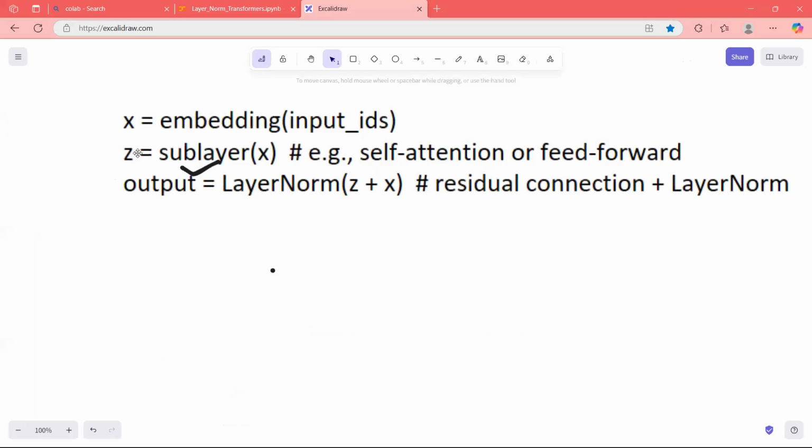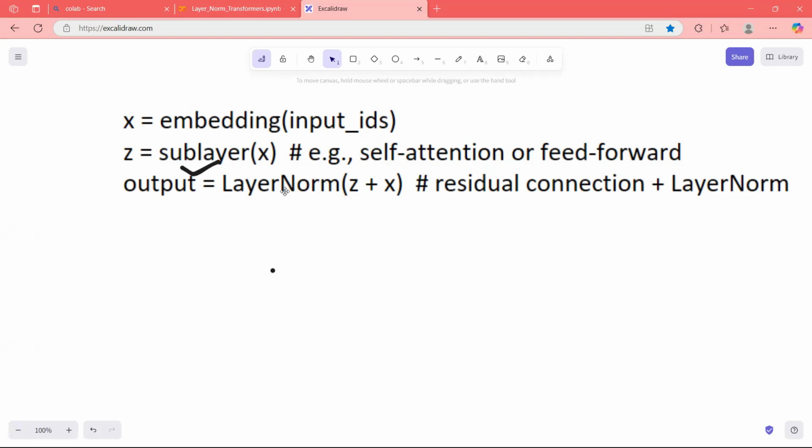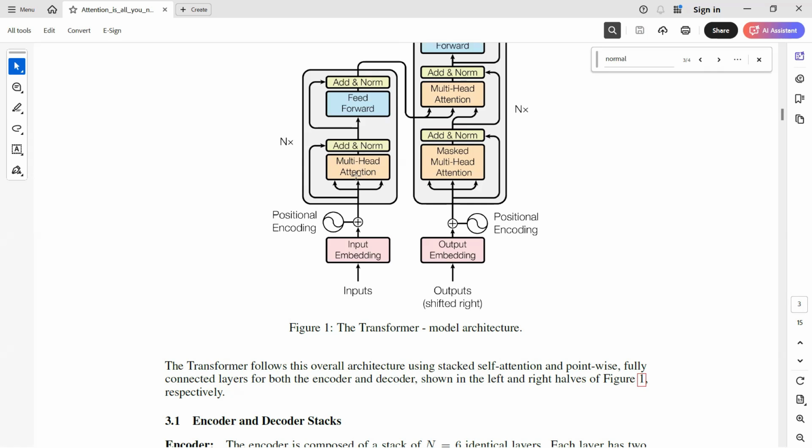And then this Z gets added to the X. You see here, add and norm. This Z goes back and gets added to the original X, and then layer norm applies. So multi-head attention output plus original X. You see this arrow here? This is called the original X or residual connection.